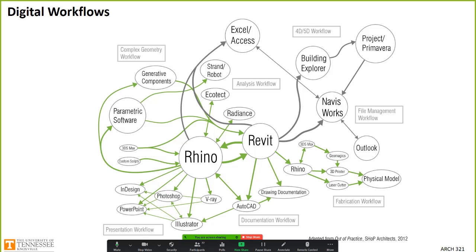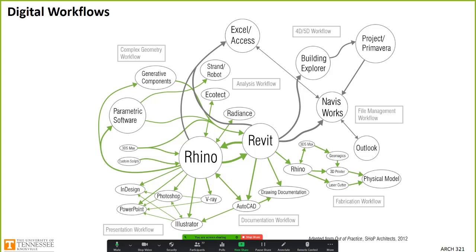Those are all the ones in green. The ones in gray are related to architecture, but maybe more the consultants or construction administration side of things. So you have an analysis workflow that would be looking at environmental analysis or structural analysis, things like that.